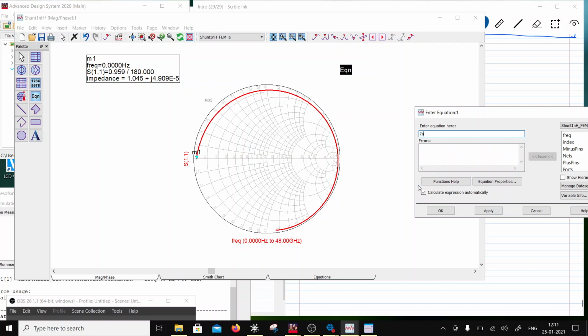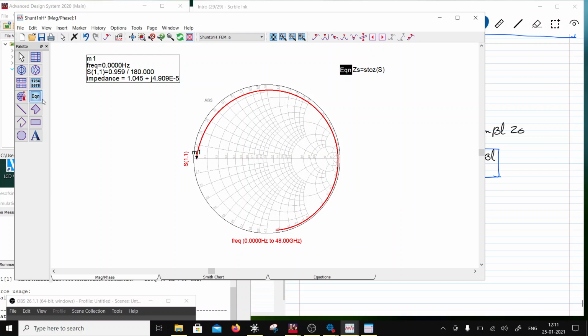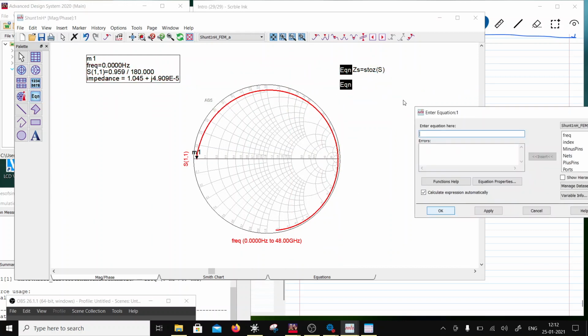As it is a single port, I would have a very simple equation: S to Z of S, and there is only one parameter in S. And then I would just say the shunt value of the inductor, LSH, would be equal to imaginary of Z divided by 2 pi frequency, 2 into pi into frequency, bracket close. So this will be the shunt value of the inductor.